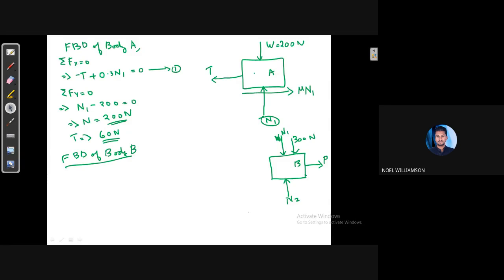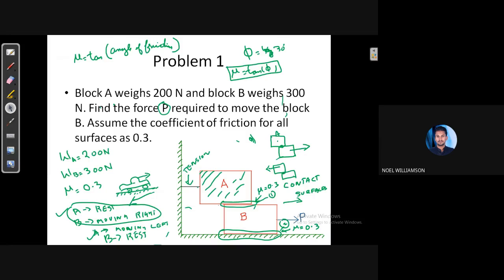Now, we will analyze the direction of friction for each contact surface. First, we will see the direction for the contact surface 1. Here, we know we are considering the body B. So we will see that the body B is moving. So in this contact surface, there is a relative movement between A and B. Okay, contact surface 1, that is A is kept stationary and B is moving towards the right.